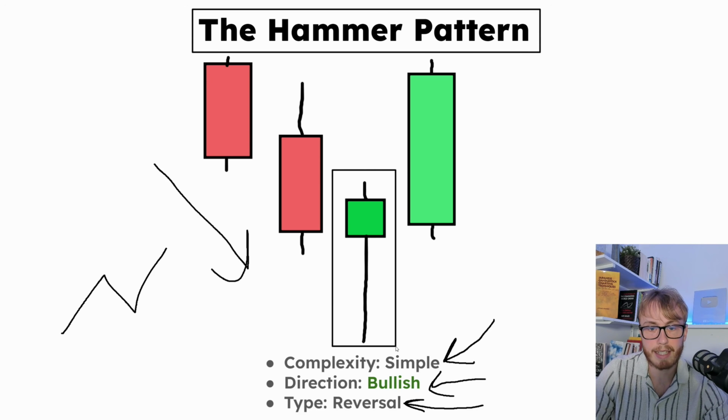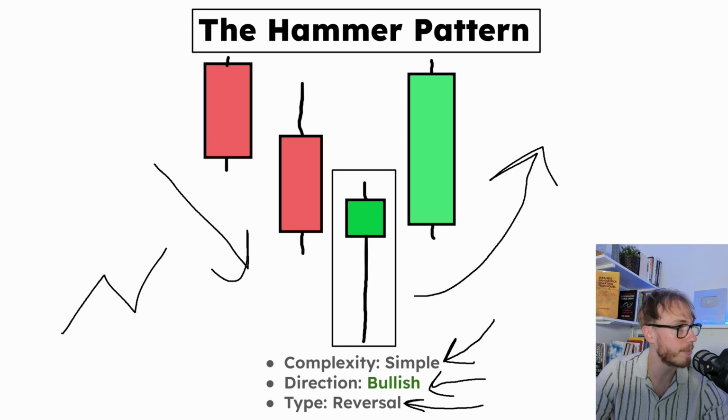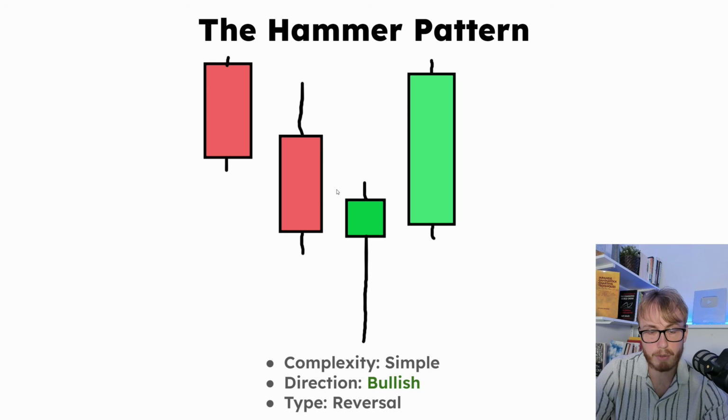Then this right here is the actual pattern, and the goal of the pattern is to reverse the price to the upside. To identify the pattern, you're looking out for a candle with a small real body and a long lower wick.